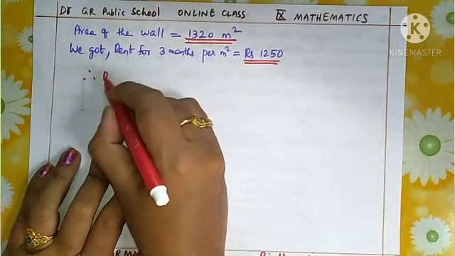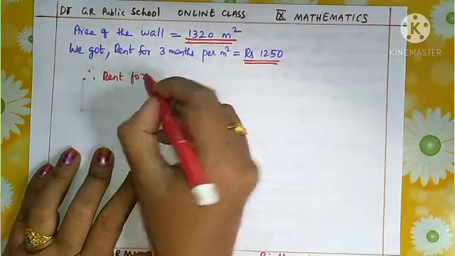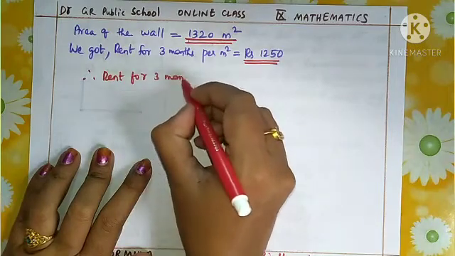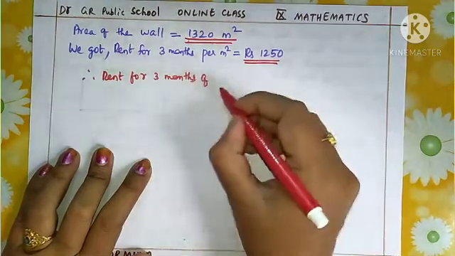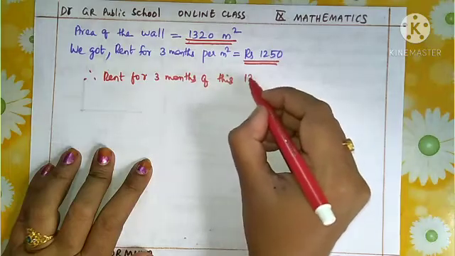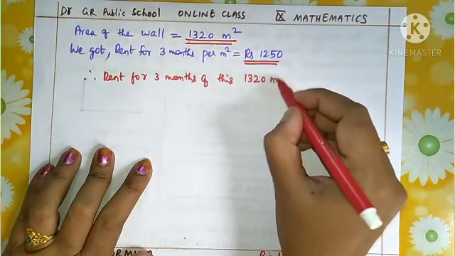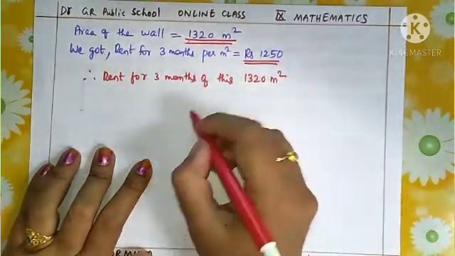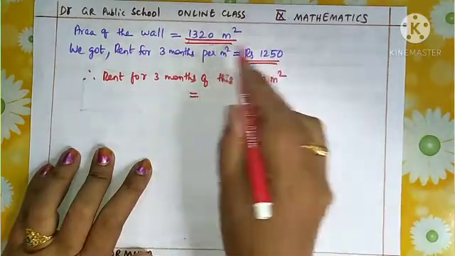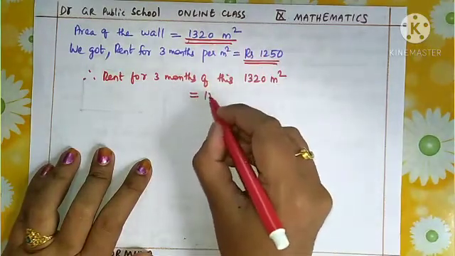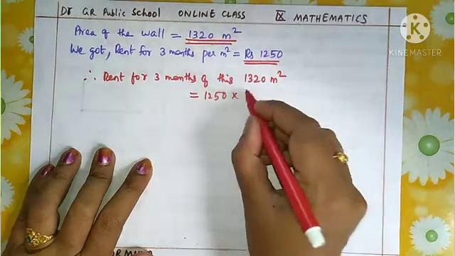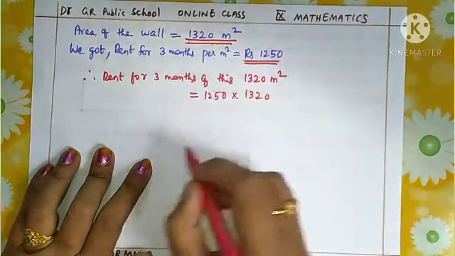Therefore rent for 3 months of this 1320 meters square, for this complete area, equal to, you need to multiply, that is 1250 into 1320.